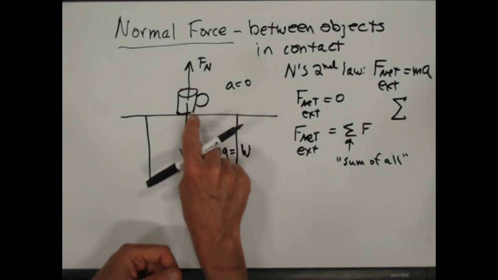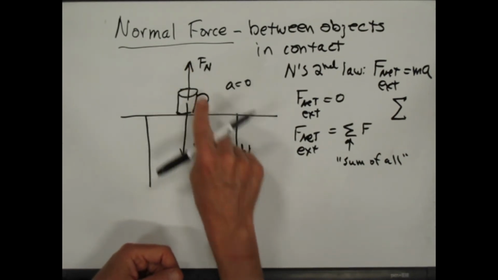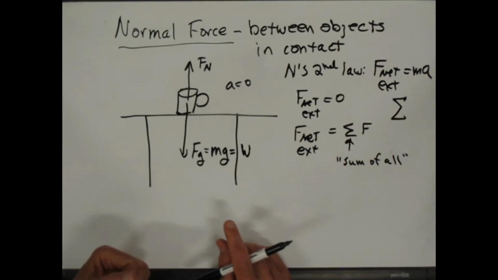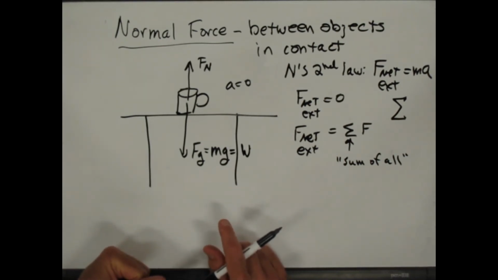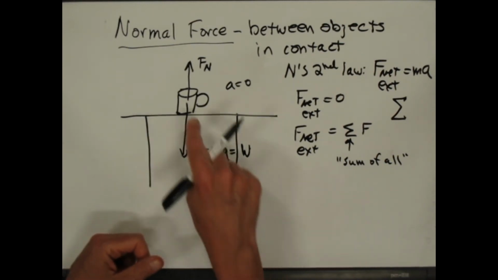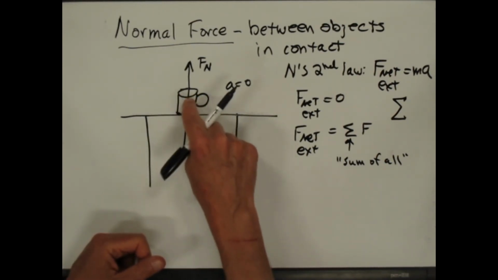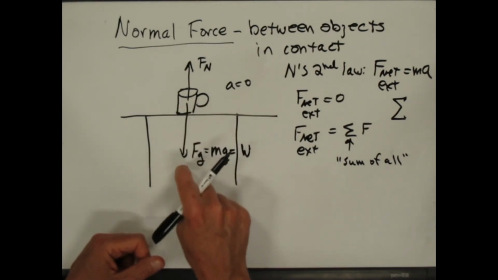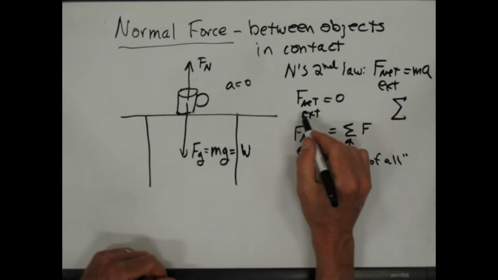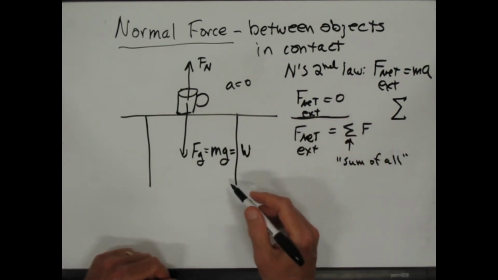So the normal force is a force that's perpendicular to a contact surface, and if you keep your eye out for them, you'll see them a lot. Normal forces come along all the time. And so this is the normal force on my cup, and this is why my cup doesn't go anywhere, because even though gravity is pulling down on the cup, the table is pushing back up on the cup. And so the net external force on the cup is 0.